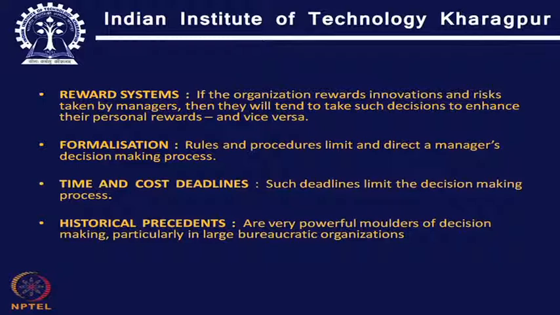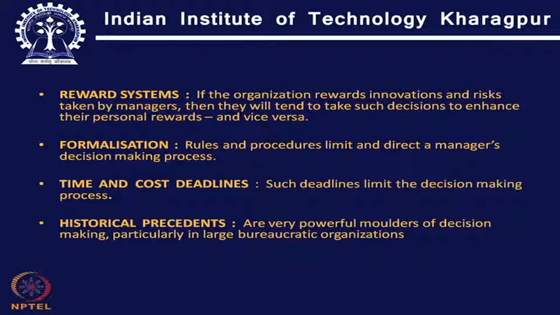Formalization. So, if there are too many rules and regulations in the process, it will limit the decision making process. Time and cost deadlines: cost is a factor and time is a factor, in the sense that if a decision is too costly or it involves too much time, then such deadlines determine which types of decision making process we are to undertake.